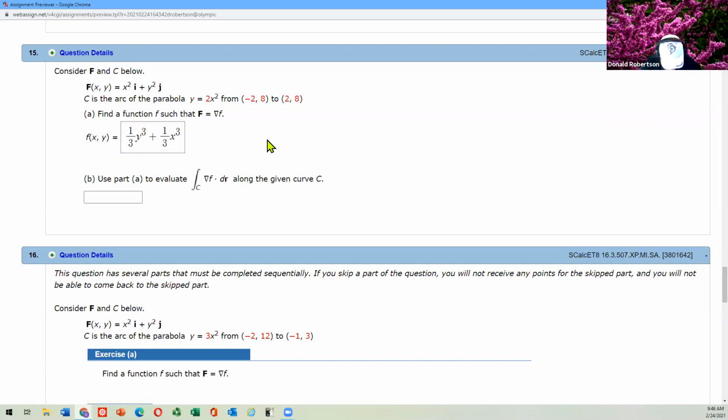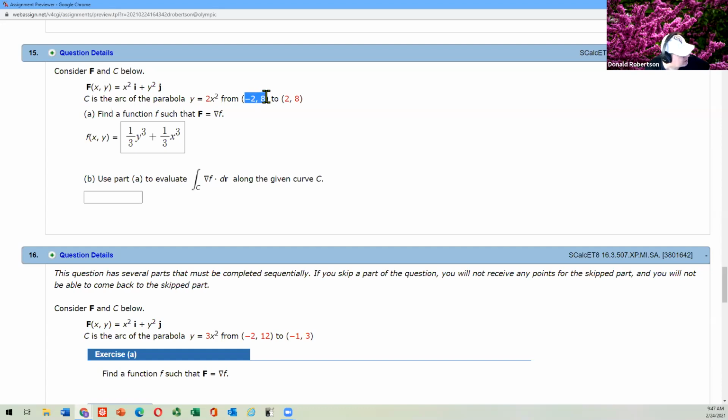Now, if you want to find the work done, have you noticed that they've called it delta F dr? Isn't that just another way of saying capital F dr? Because isn't delta F the same thing? They're equal. So that's a little minor hiccup. It's just notation.